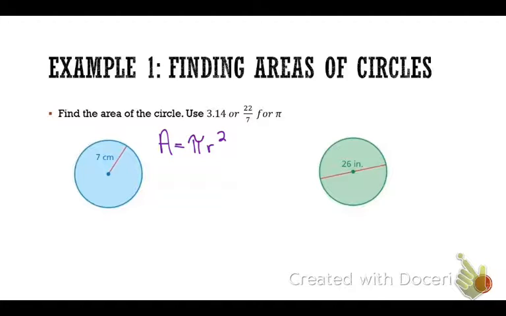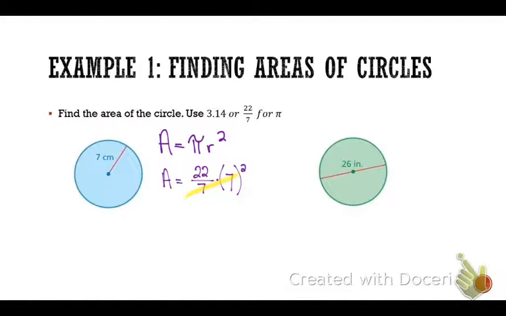You say, well, but I have to square it. Well, if you square a multiple of 7, it will still be a multiple of 7. Does everybody see that 7 would be a multiple of 7? That's why I want to use the fraction 22 over 7 times 7 squared. Now, this is important. This is not where I do the cross reducing.